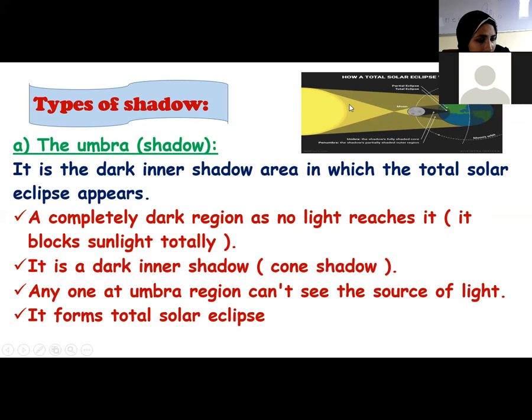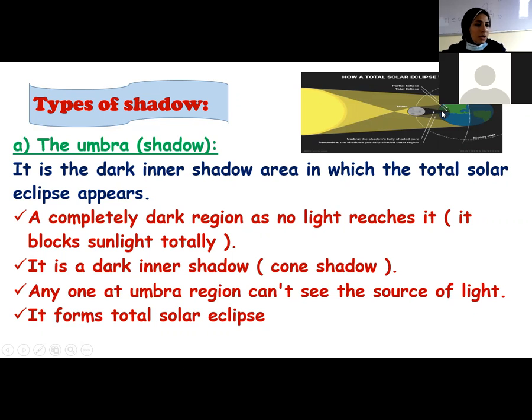As we see here, this cone shadow is called the umbra shadow. This is the dark inner shadow, the inner dark area. It's called the umbra shadow.